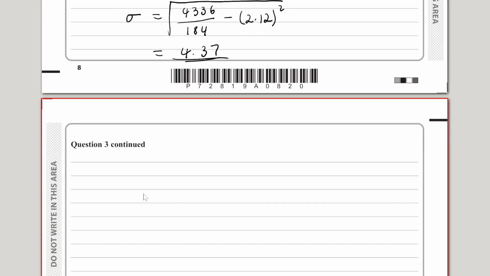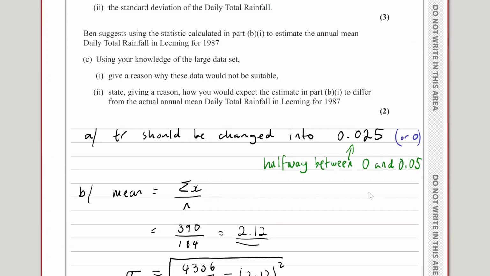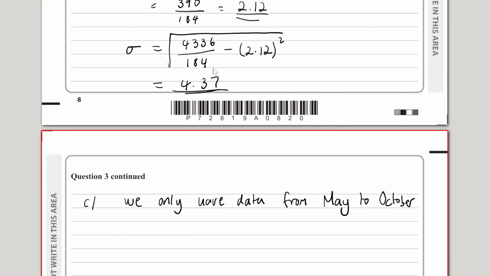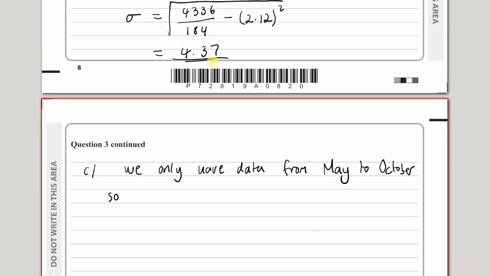We only have data from May to October. May, June, July, August, September, October, that's the 6 months. So it won't be representative of all of the year.